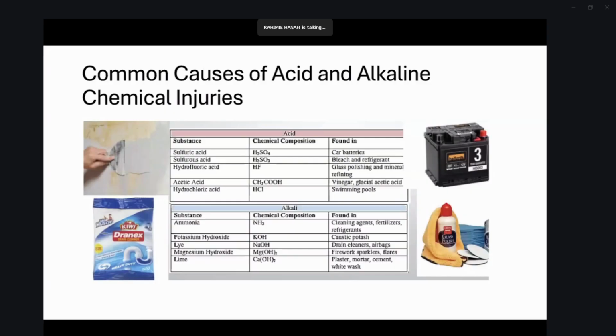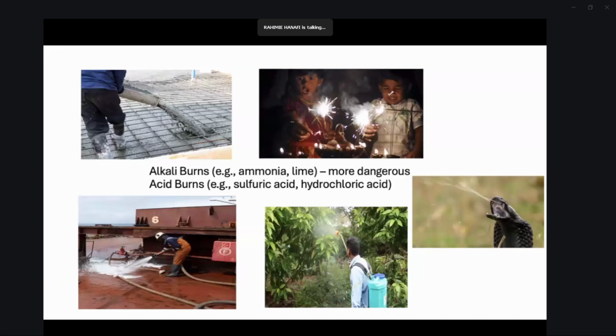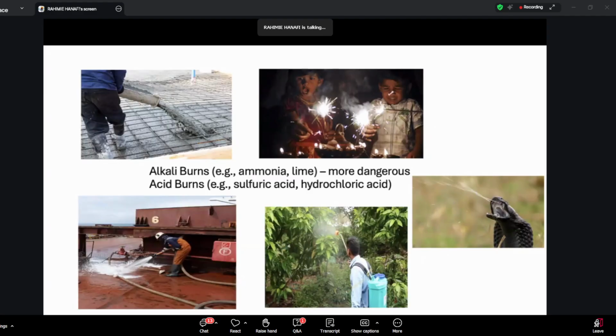If it is alkaline, examples are plaster, cement, cleaning agents, and fertilizers. Alkali burns are more dangerous compared to acid burns because they penetrate very rapidly.